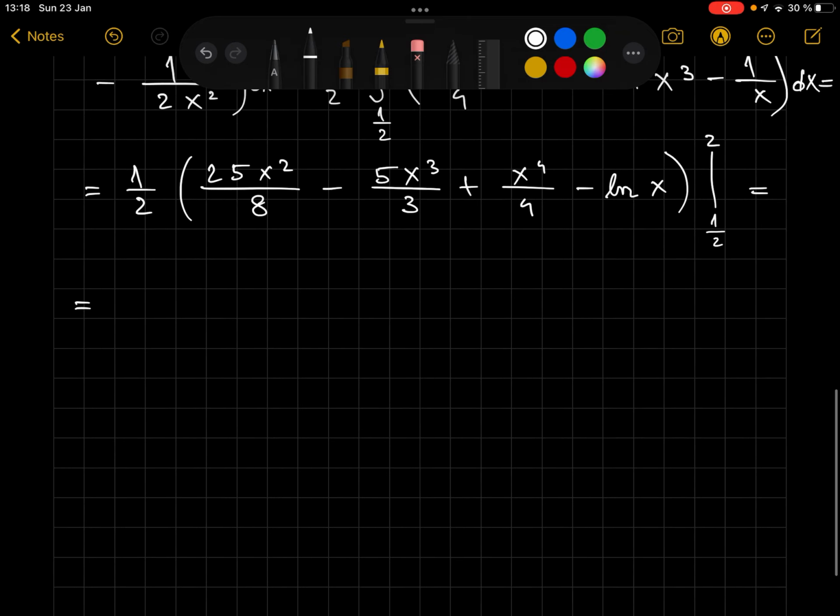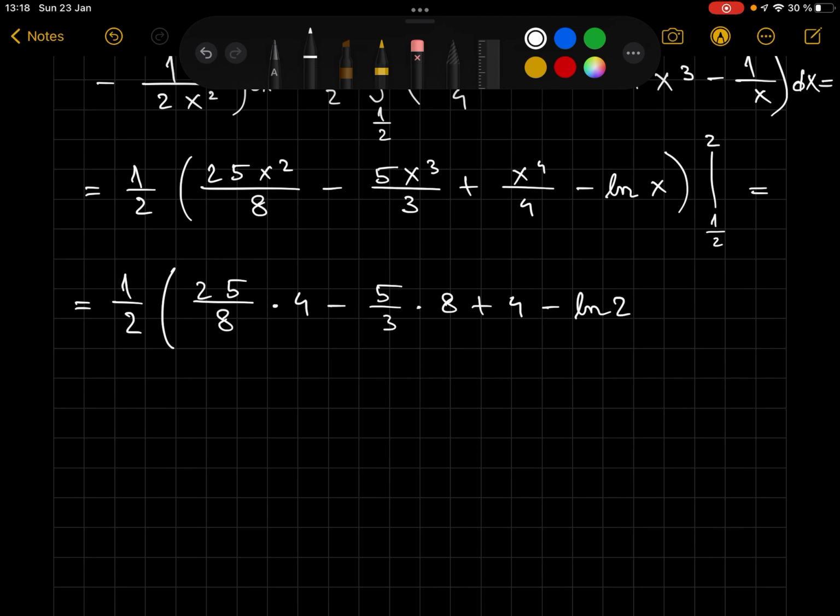So in other words, I'm going to get 1/2 times 25 over 8 times 2 squared times 4 minus 5 over 3 times 2 cubed times 8 plus 2 to the fourth power 16 over 4, which is just 4, minus ln 2.